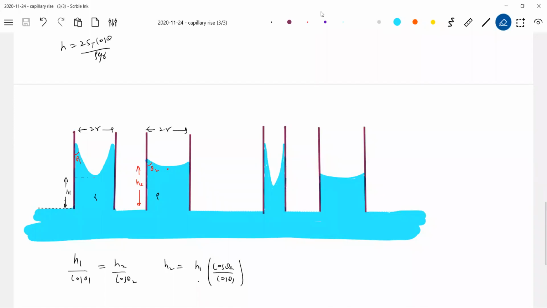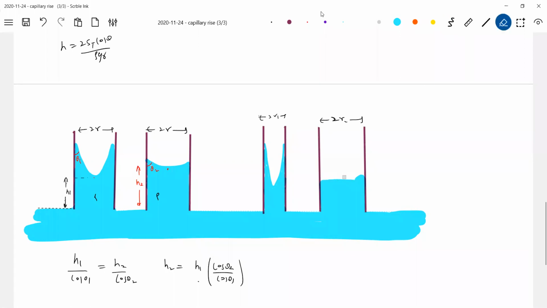Next is the capillary tube. So this is R1. If I increase the radius, what will happen?